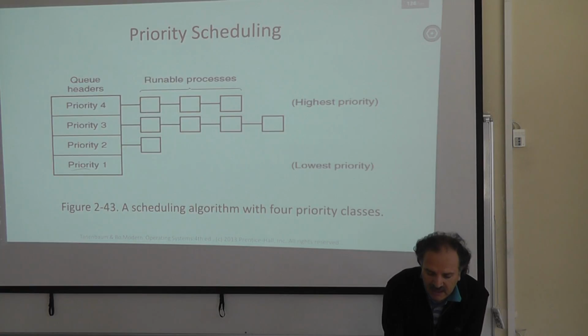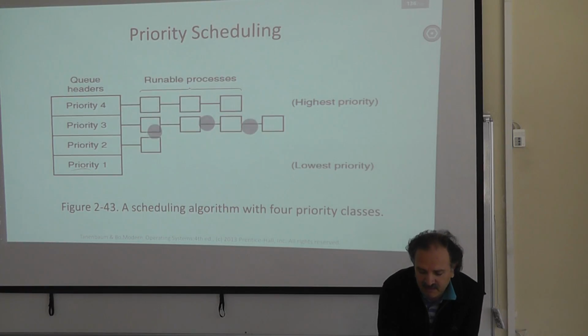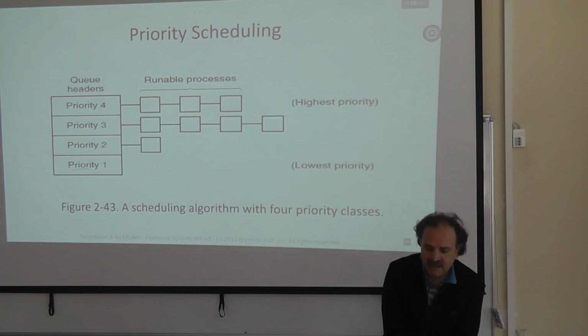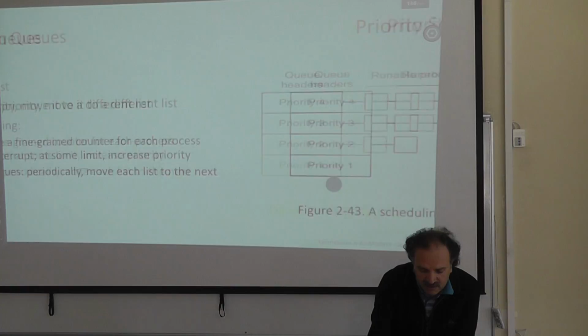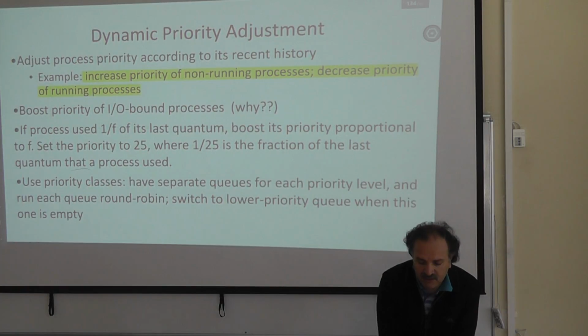So you are running a round robin within this class, and there is another round robin within this class, and there is another one. Without having all of these processes blocked, you don't run anything in this priority. So you need to finish all the priority 4 processes first, then these, then this, then this. So instead of having specific priority numbers, you have priority classes.